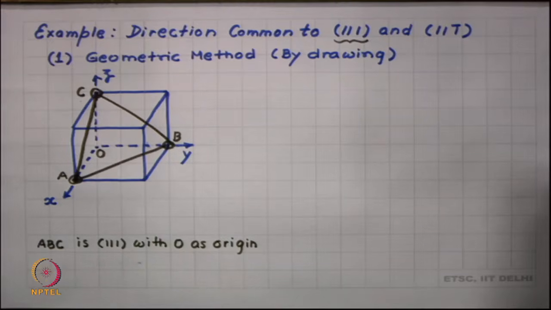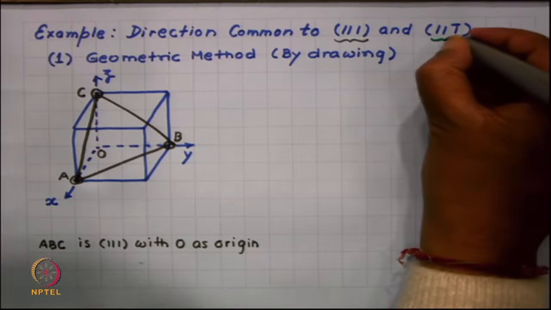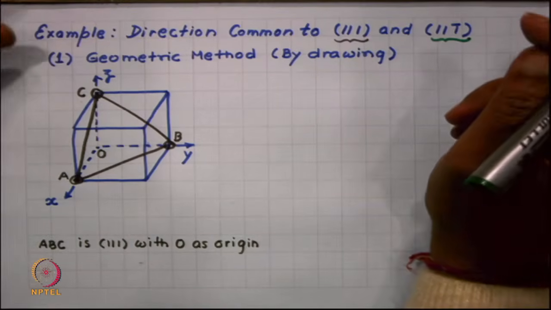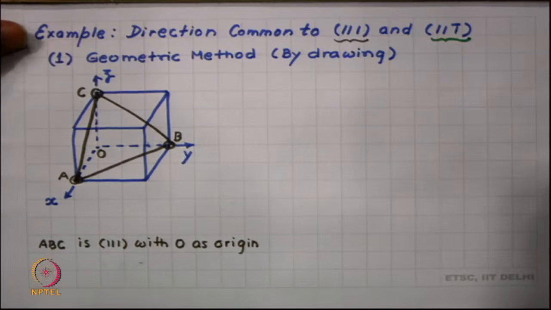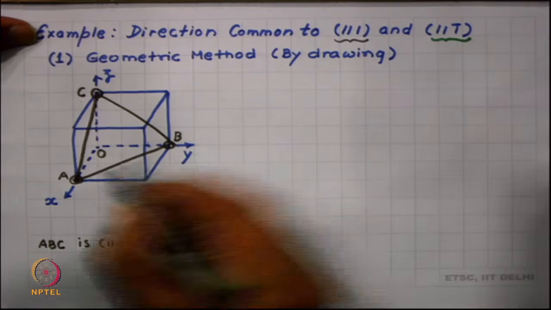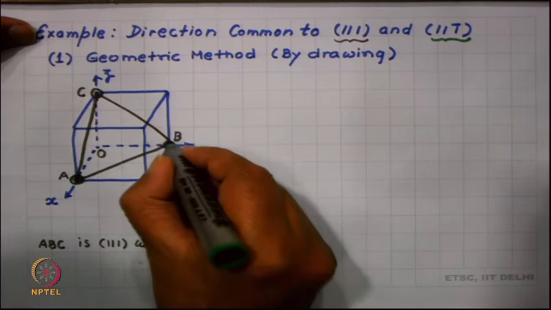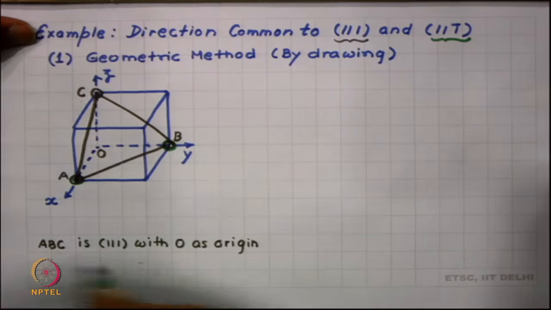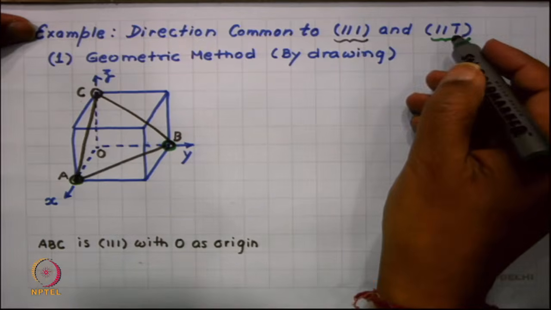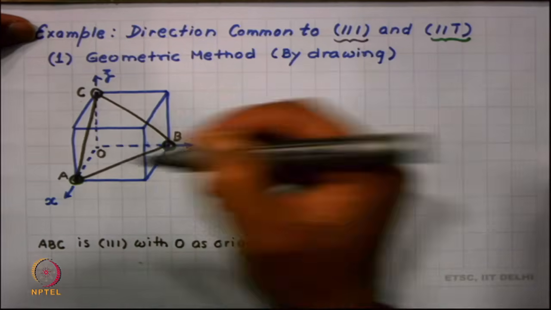Now, I want to draw the second plane, 1 1 bar 1, with the same axis and same origin. If I want to draw it with the same origin, I see that now the intercepts are 1 along x, so I will get the same point, 1 along y, I get the same point, but 1 along minus 1 along the z axis.